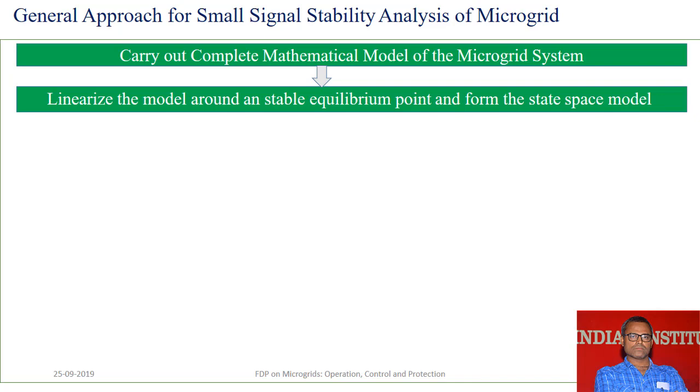The unstable equilibrium point we never take during the analysis. Always we take the stable equilibrium point when linearizing the model. Then we form the state space model from the linearized model.